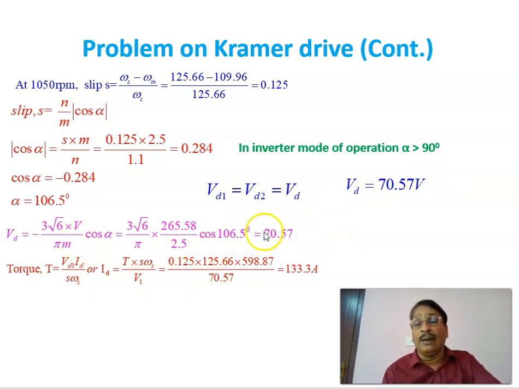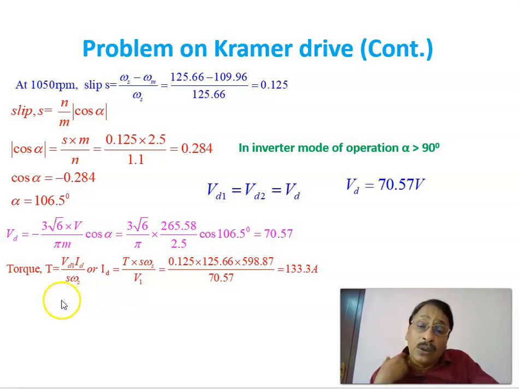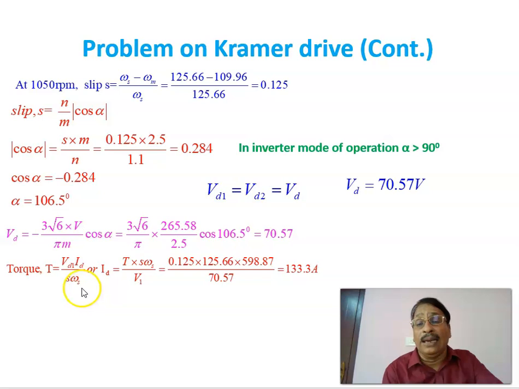Once you get the voltage, the torque equation is given by torque equal to voltage VD1 into ID divided by slip into omega s.